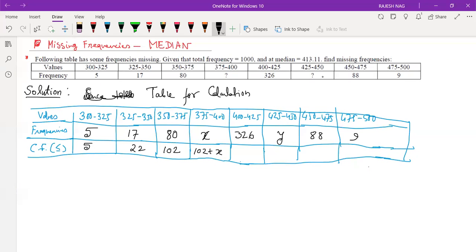Next CF: 326 plus 102 plus x, that is 428 plus x.